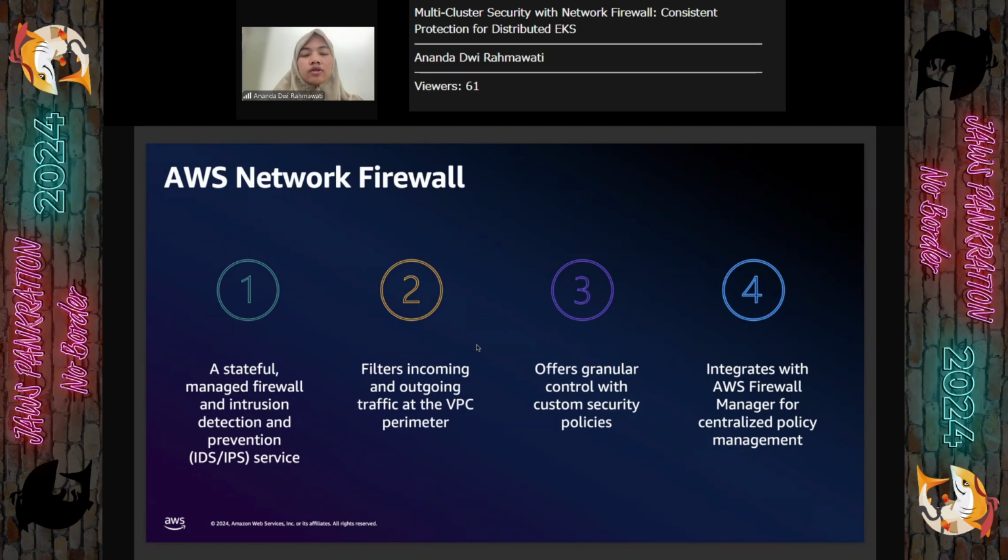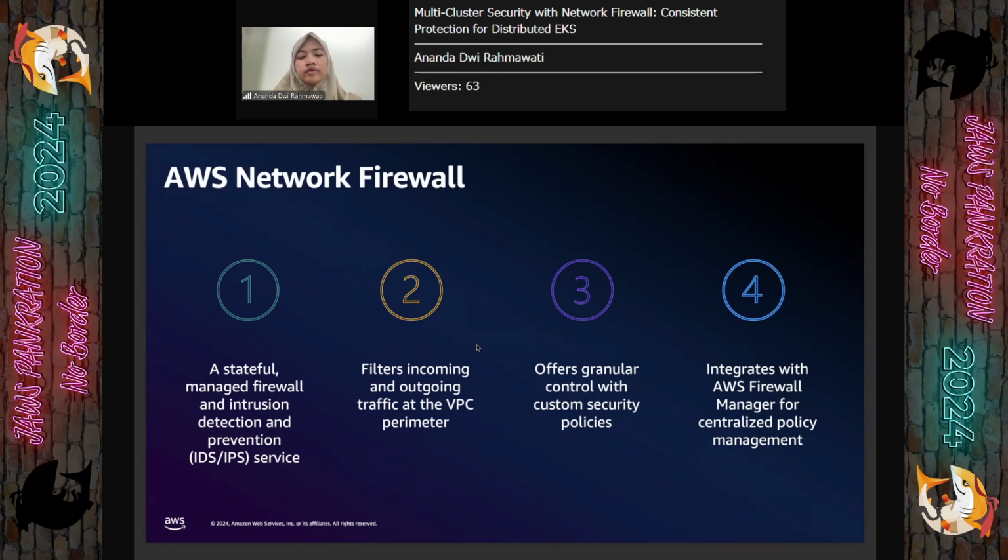We may configure the first AWS Network Firewall for incoming traffic, so we put it in a public subnet, and then the second AWS Network Firewall we can put in a private subnet. Then we can configure the policy, and we can put the rule group, for example Suricata rules, and then we can put the specific ports allowed for incoming or outgoing traffic.